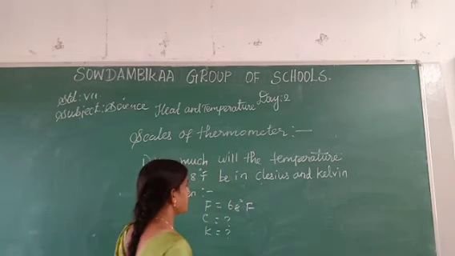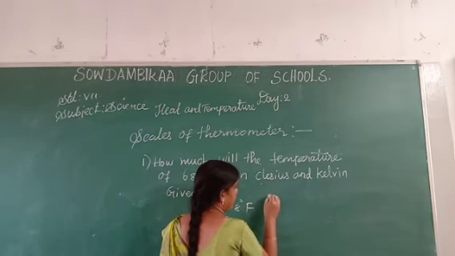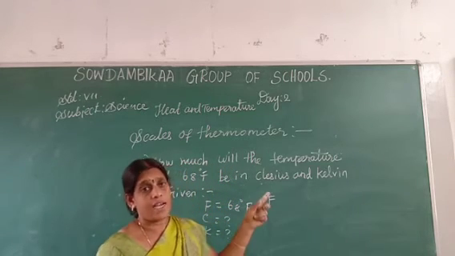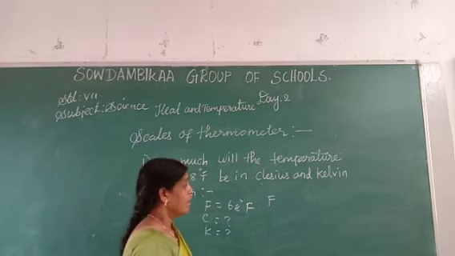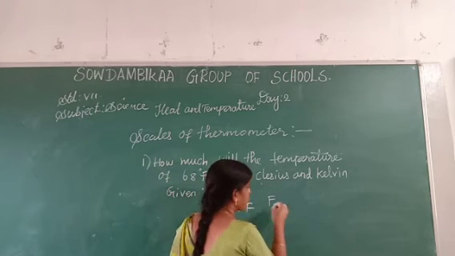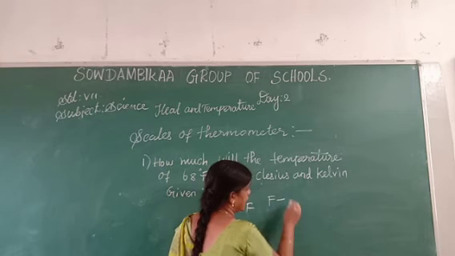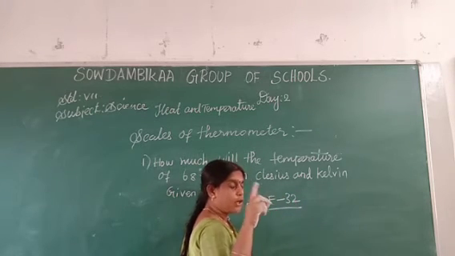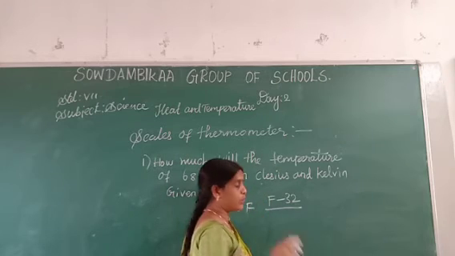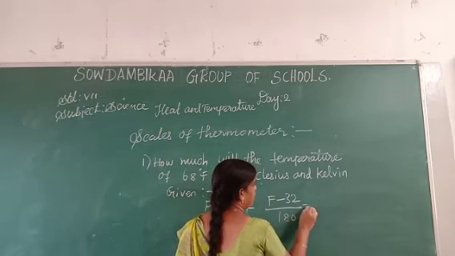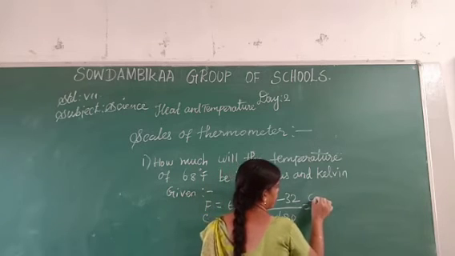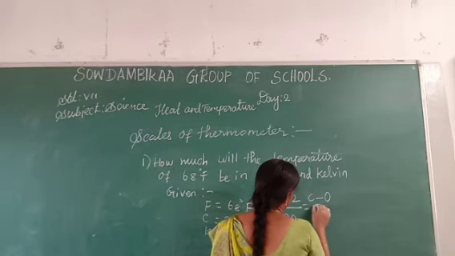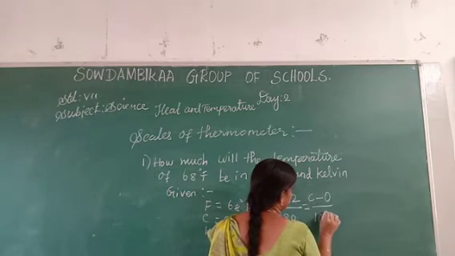Listen. This is the main formula to convert between Celsius, Kelvin and Fahrenheit. F means Fahrenheit. What is the lower limit? 32. What is the upper limit? 212. 212 minus 32 gives 180 divisions. For Celsius, the lower limit is 0 and there are 100 divisions.